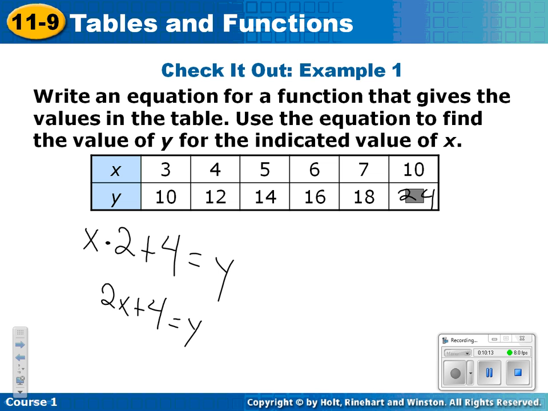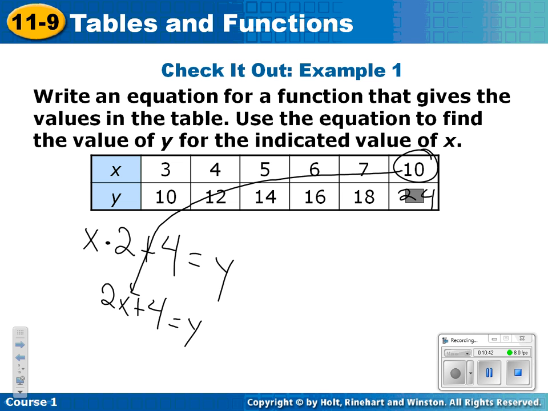Because all we did is we took this 10 right there, we plugged it into x, so it's 2 times 10 plus 4 is 24. What if x was, say, 30? What would y be? 64. Very good.